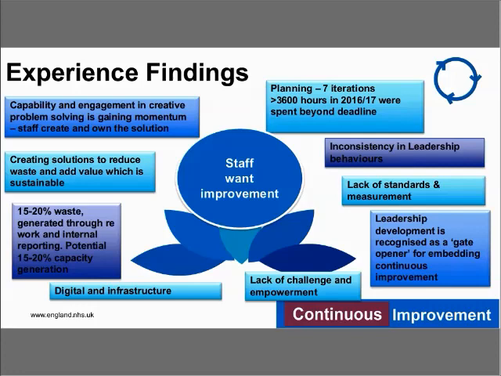For example, we did the planning that you see up here. The planning round last year, we actually did 7 additional iterations of that, which was 3,600 hours, which were actually after the deadline. That was not in anybody's work plan, and that was just one team. So you can imagine the impact across the whole of NHS England, across all the CCGs.